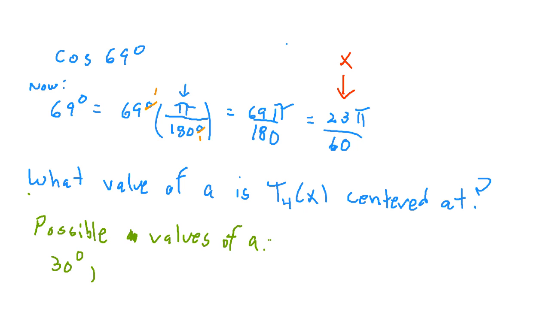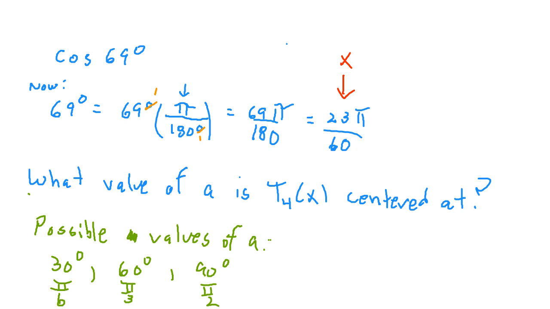30 degrees, 60 degrees, 90 degrees. So 30 degrees is pi over 6, 60 degrees is pi over 3, 90 degrees is pi over 2. All of those values of A can be used.